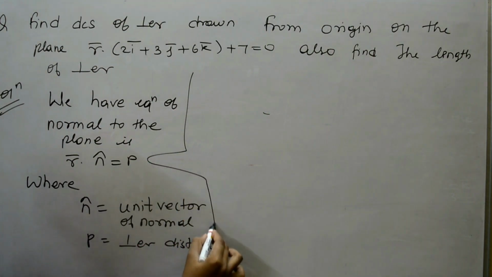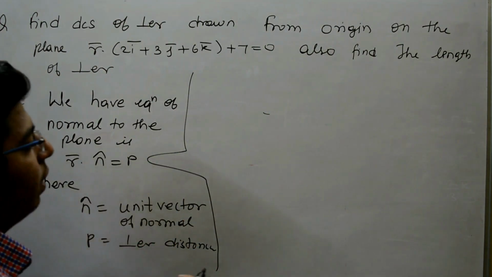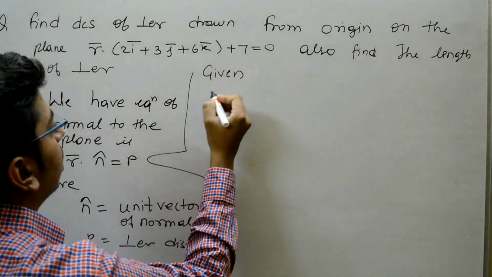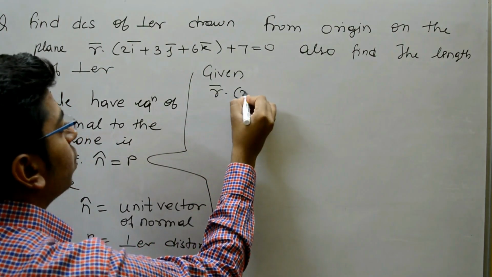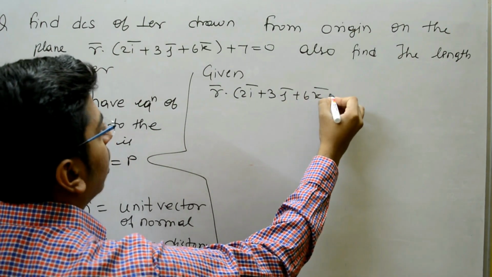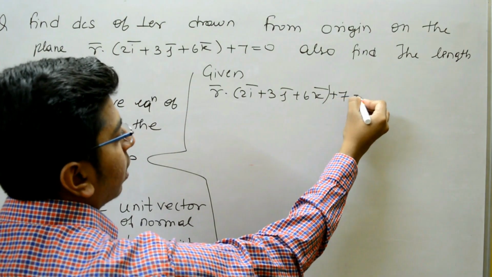Okay, so the given is r bar into 2i bar plus 3j bar plus 6k bar plus 7 equal to 0.